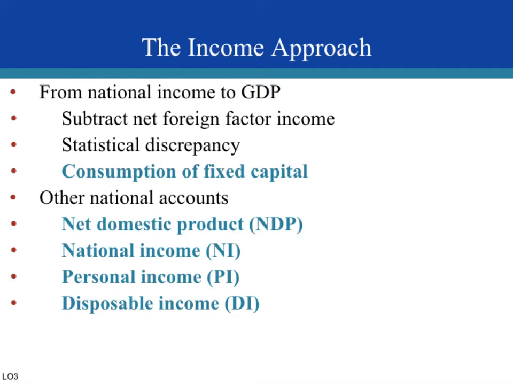So they want to definitely include that, and essentially this is the allowance that is going to be used to pay for the ultimate replacement of those goods as well.